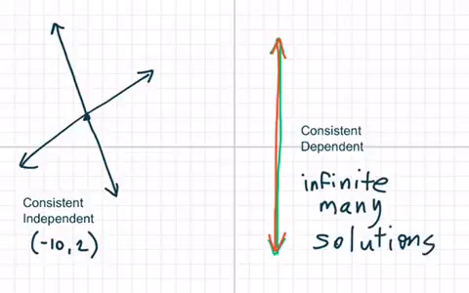That would be your solution. This is the type, and this is the solution. Those are the first two, and both are types of consistent.